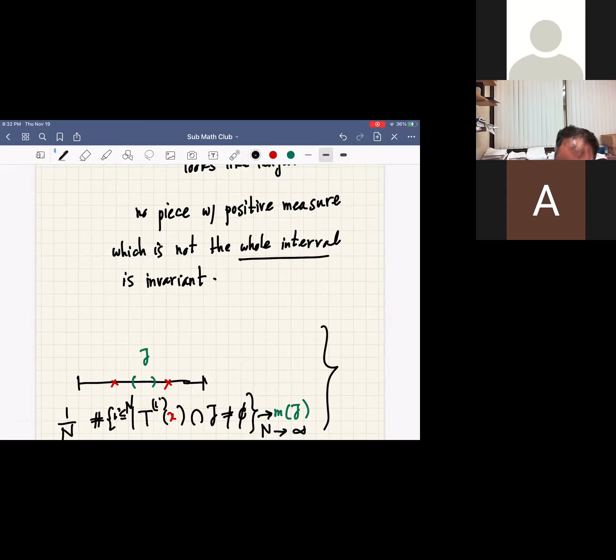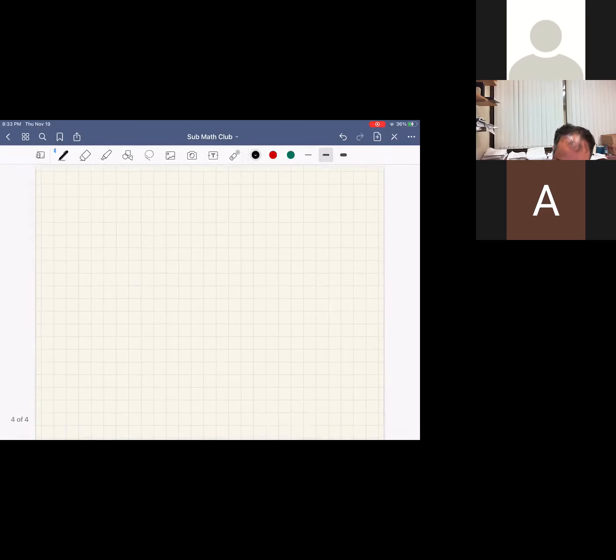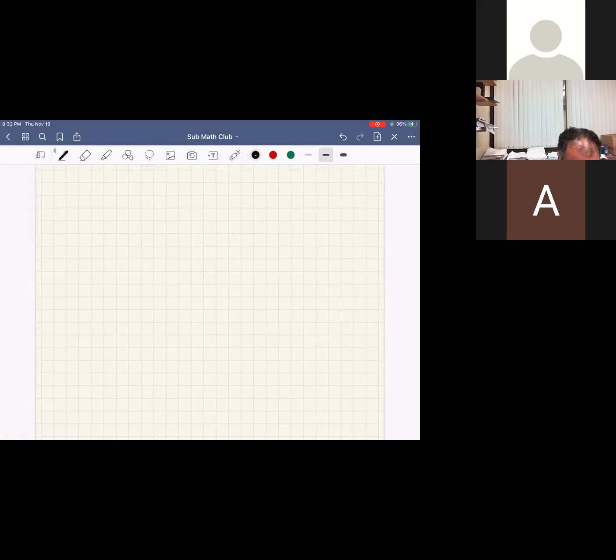Okay, so we had this. So let me also put the last general nonsense thing which I want to discuss. Then there is this thing which is called uniquely ergodic.